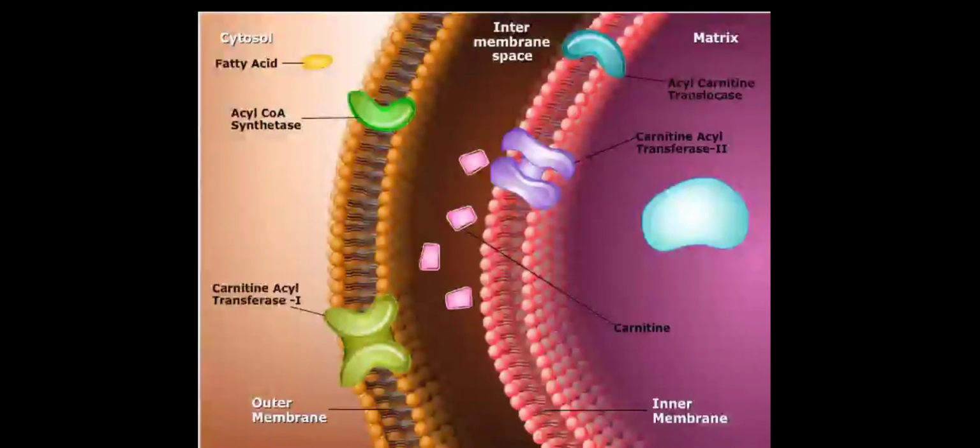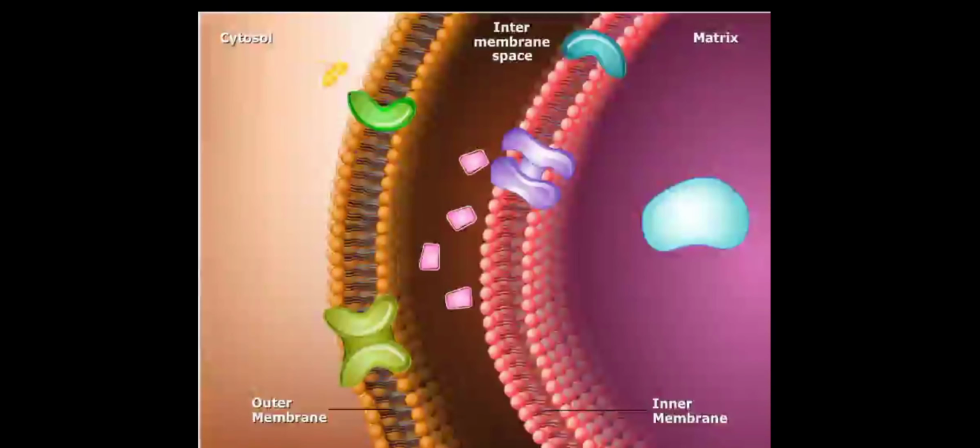A fatty acid cannot enter the mitochondrial matrix by itself, so an elaborate shuttle system is used to facilitate its entry. A fatty acid binds to the enzyme acyl-CoA synthetase on the outer membrane, which uses ATP and coenzyme A as substrates to produce acyl-CoA.